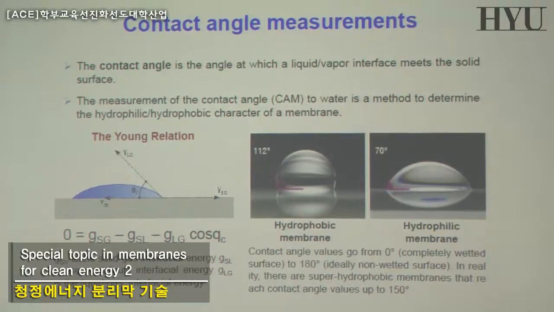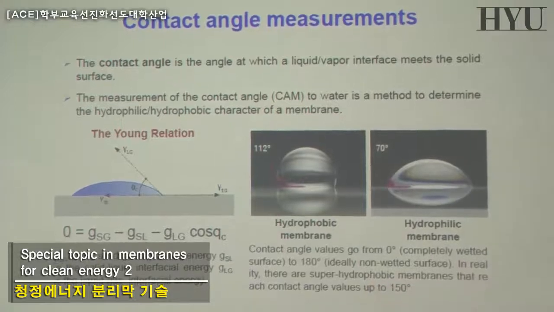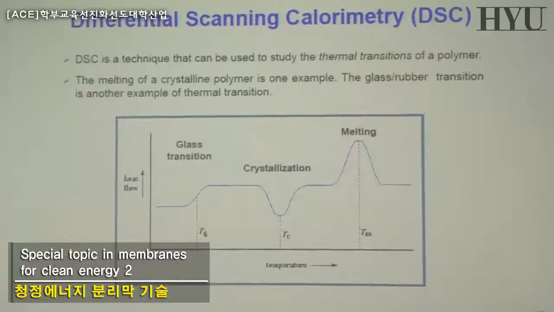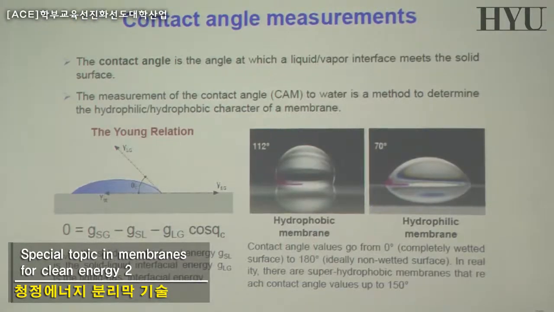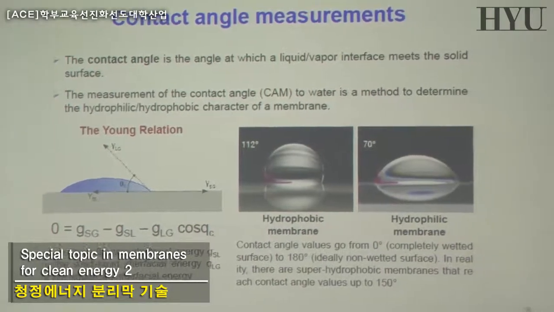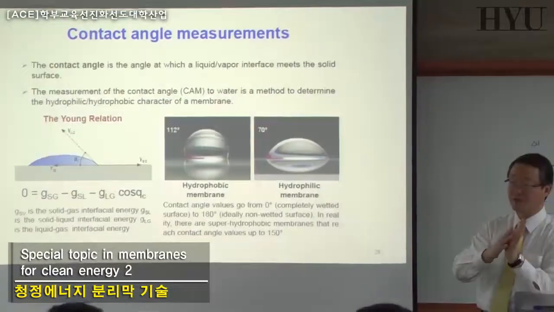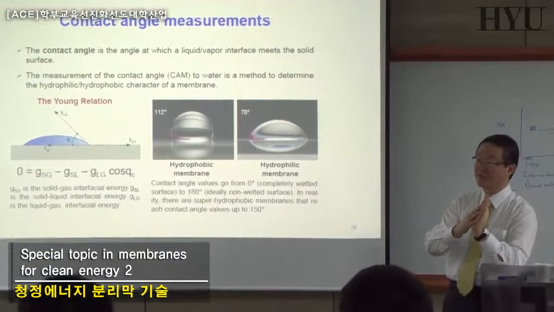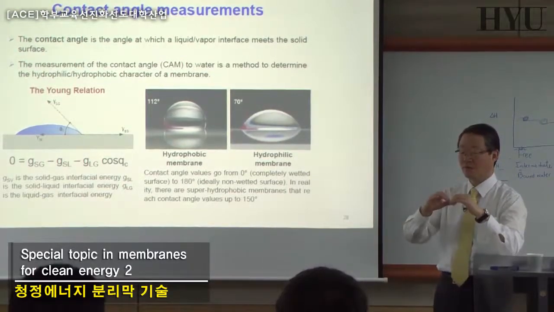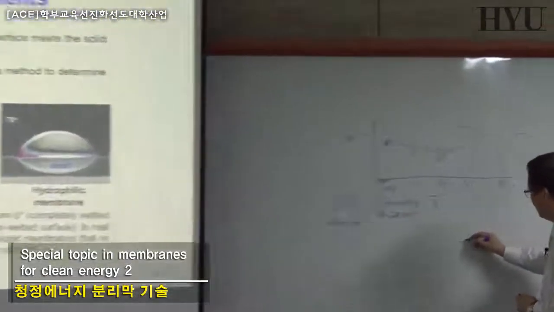We can have a superhydrophobic membrane, just like a lotus. I'm not sure, we don't have a lotus picture here, but lotus, okay? The water is not spreading on top of the surface of the lotus leaves, but rather it's flowing away because of the very rough surface.